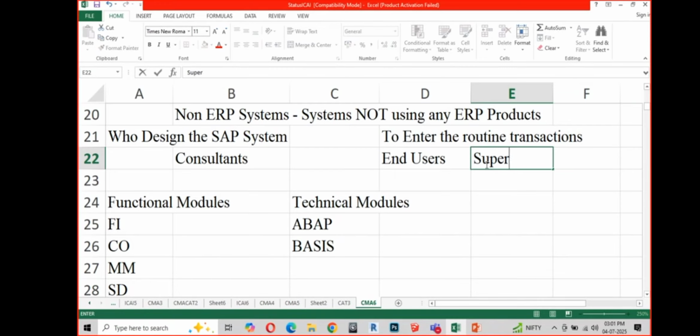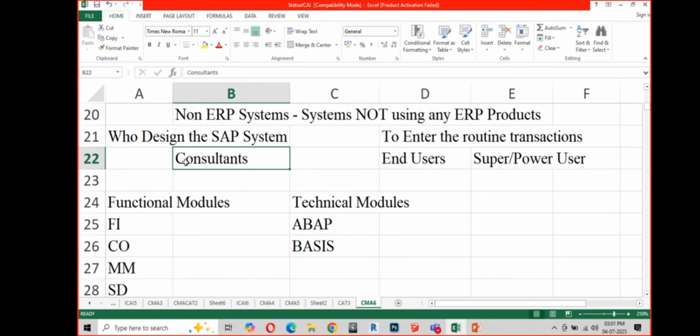So I'm not an SAP expert. The SAP expert is this person, the consultant. It is only based on my role that I am considered an end user or a super or power user. The only difference is I'll have more access to the SAP systems.